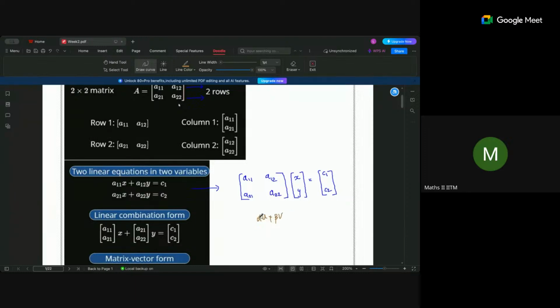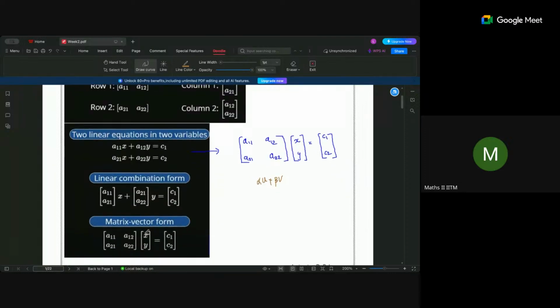Good. So same way here, now the vectors are (a11, a21) and (a12, a22). So the columns here form the vectors, and these vectors are from R2. And here the scalars are x and y, which are the unknowns. So this is the linear combination form, and the matrix vector form is just what I have written here.